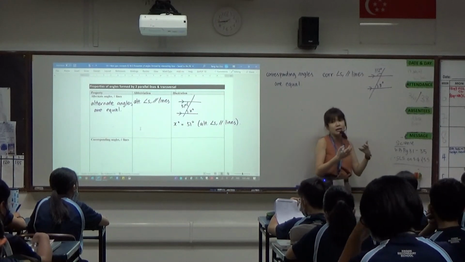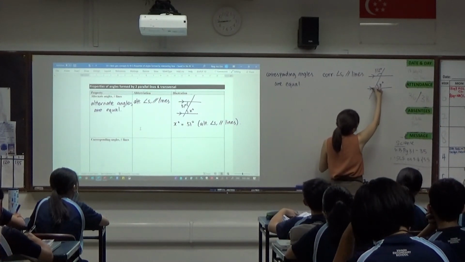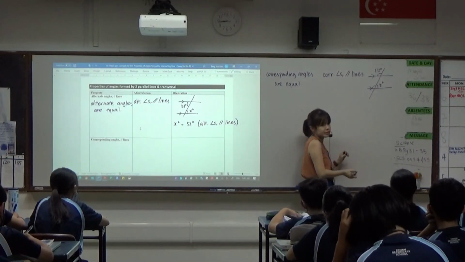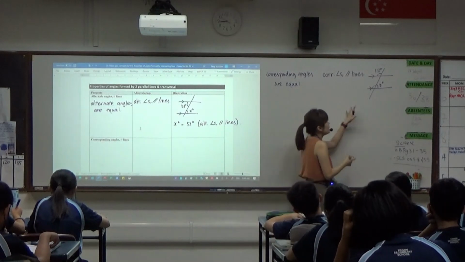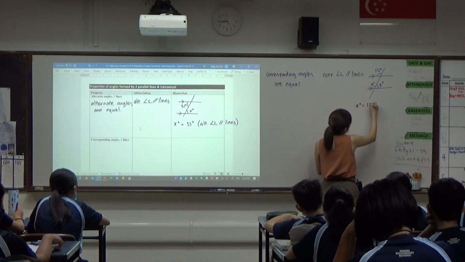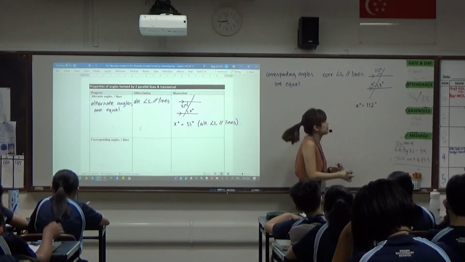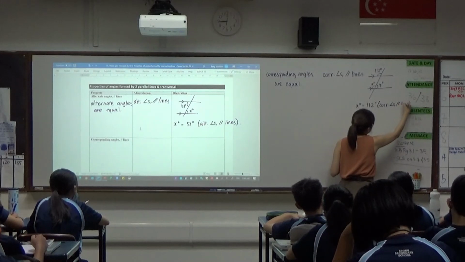So we need to clearly label in the diagram. For presentation purposes, you cannot just tell me 180 minus 112. So I'll label in my diagram that maybe let's call this a degrees. That will be 112 degrees, and the reason is corresponding angles, parallel lines.